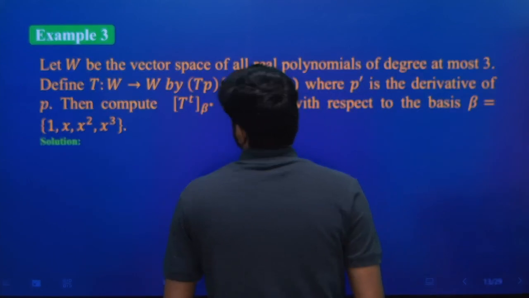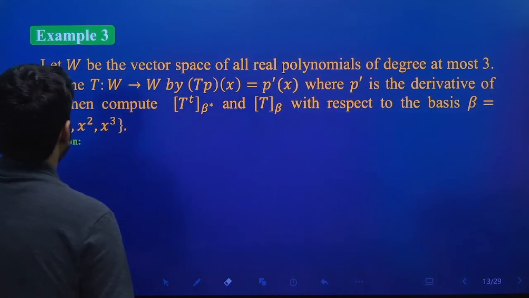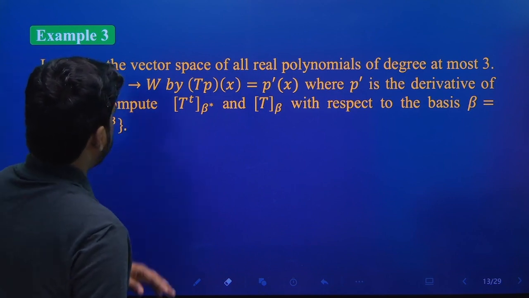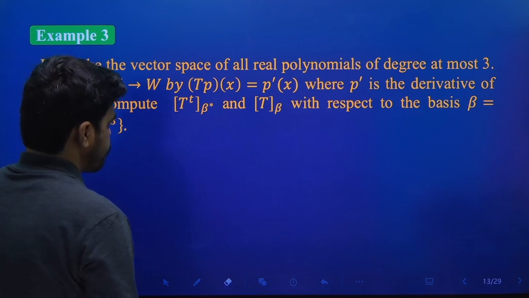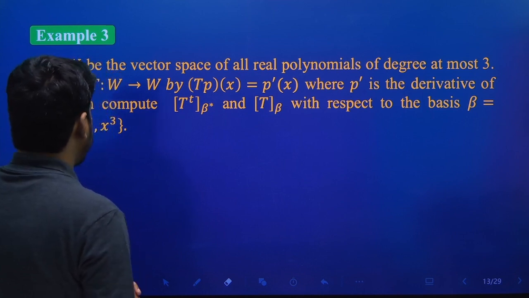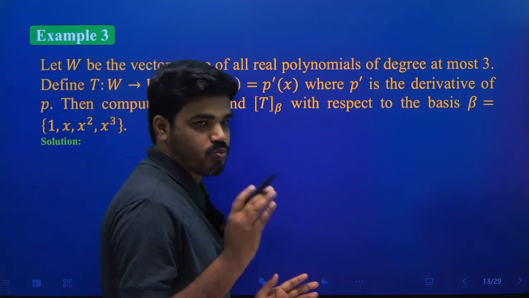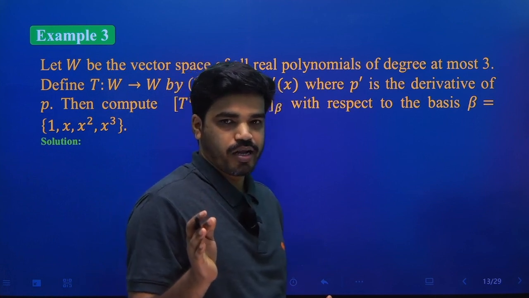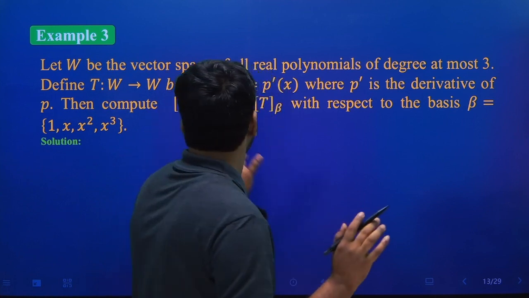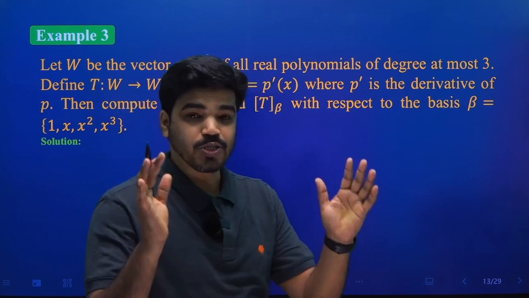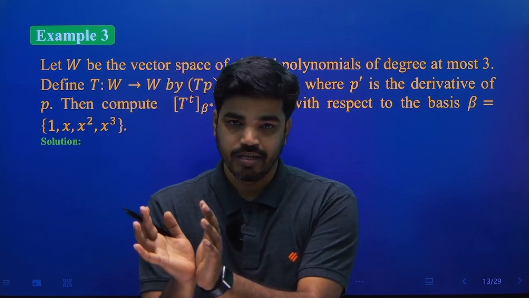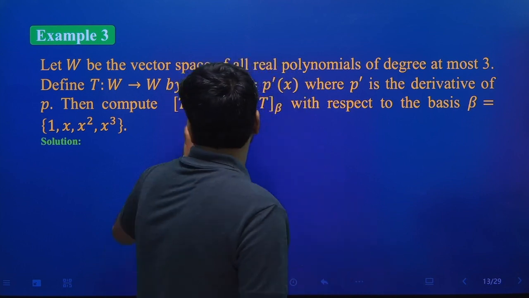So let us consider the next example. Just see, let W be the vector space of all real polynomials of degree 3 at most, of degree 3 at most. That means 1, x, x square, x cube, right? T is a mapping from W to W, okay, that is, both vector spaces are the same. How to define?